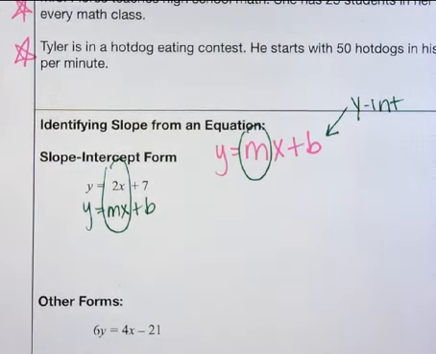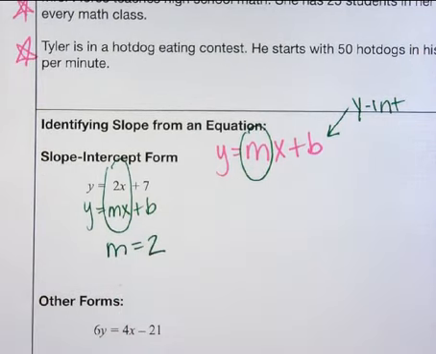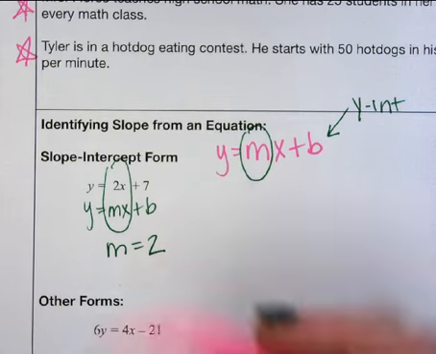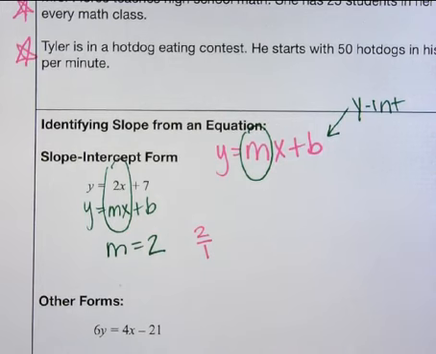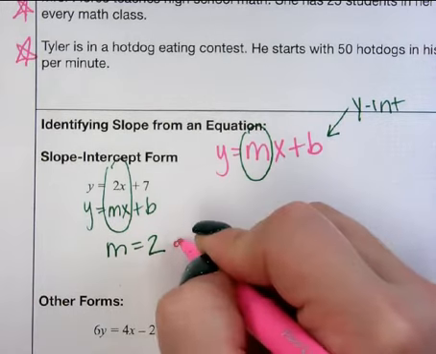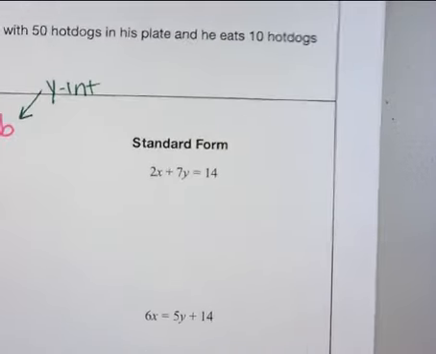I don't want the x in my answer, so I really just want the 2. So we would say that m equals 2, or that our slope is 2. We could also write it as a fraction if we wanted to and say 2 over 1. Slope is often a fraction, so both are appropriate answers.